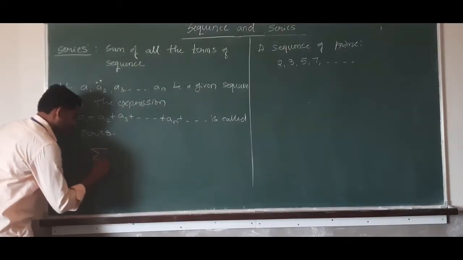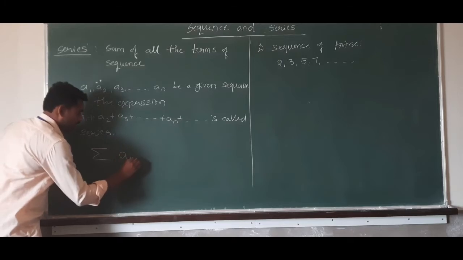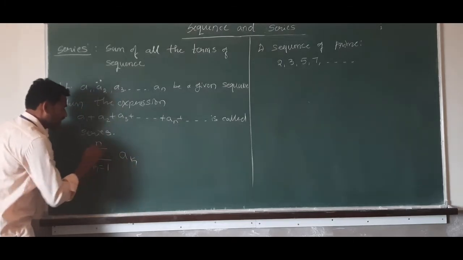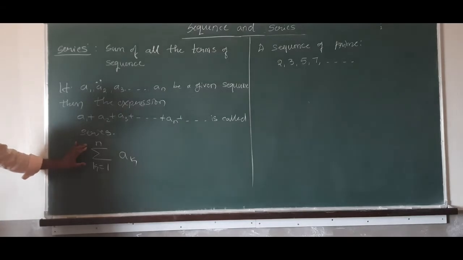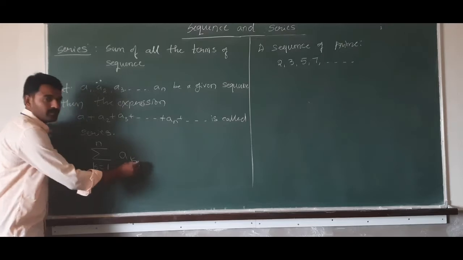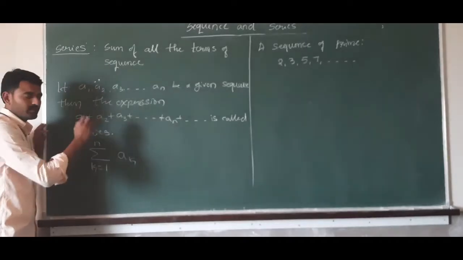The sum of ak, with k equal to 1 to n. This is a summation. Summation means the sum of all the terms. So ak is the general form of the given sequence.